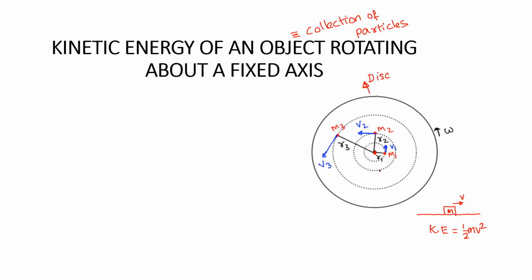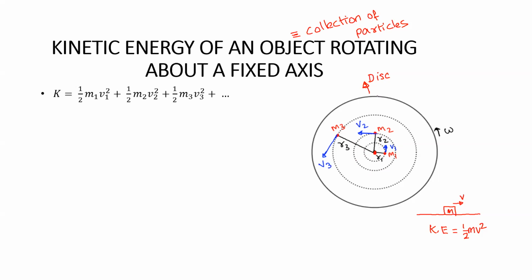Now, because the rotation is happening about a fixed axis, each of the particles will move around a circle of a different radius. So if we start by writing the kinetic energy of each of these particles and then add them, we should get the kinetic energy of the entire disk, the object.